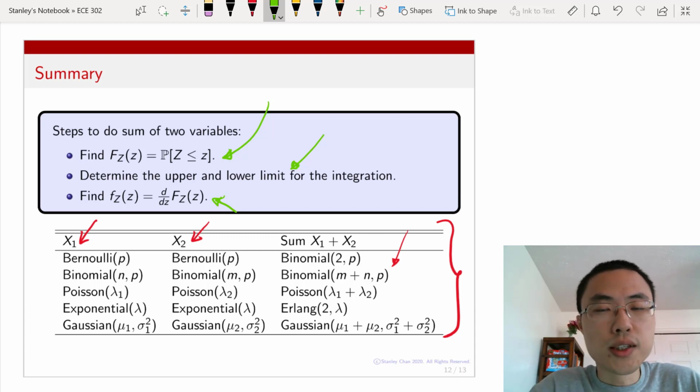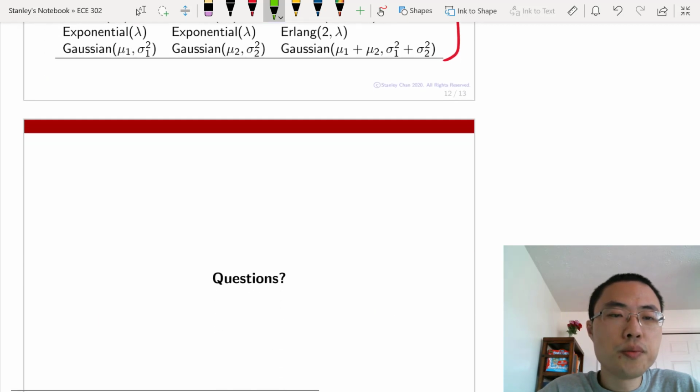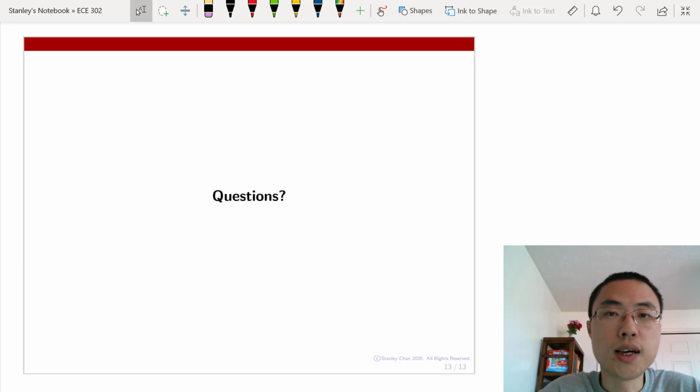So I hope this lecture has given you some examples of how to calculate the PDF of a function of two random variables. This is an extremely important technique that will be very, very useful when you have engineering problems. Now, this lecture cannot be understood until you do the homework exercises.